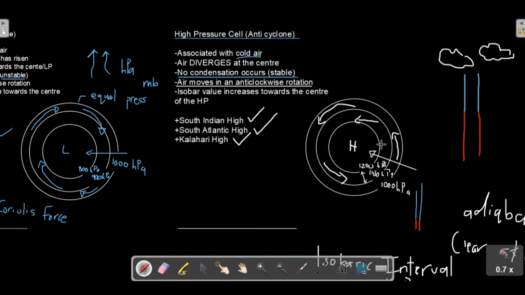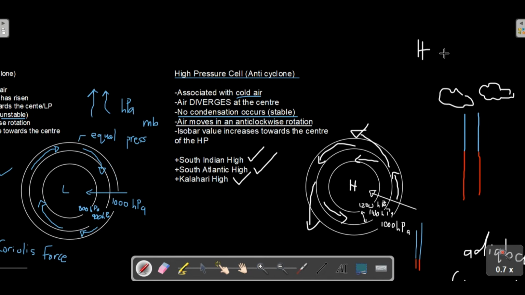And so air here should be moving outwards. Remember this is a high pressure, so we know that air moves away from high pressure towards a low pressure, right? So it should be moving outwards, circulating but moving outwards.